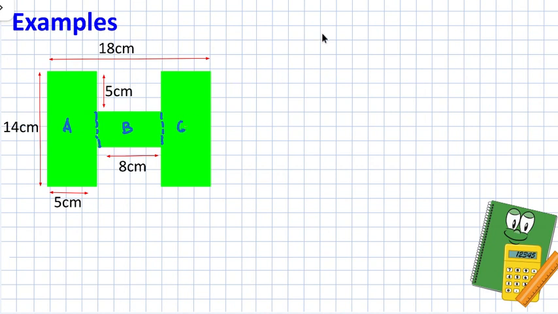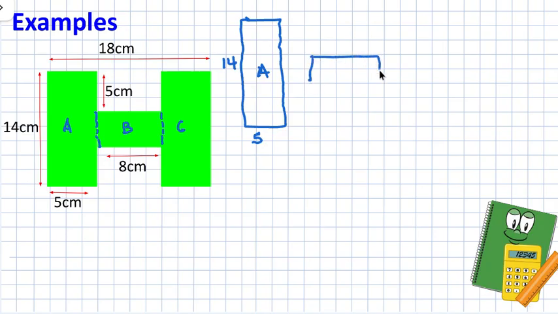So I have 3 rectangles. So for the first shape, let me draw out the first shape, which is this. Okay, for the first shape, this side is 14 and this side is 5. Okay, so this is shape A. For shape B, I have here as 8, but I need to get what this side is.